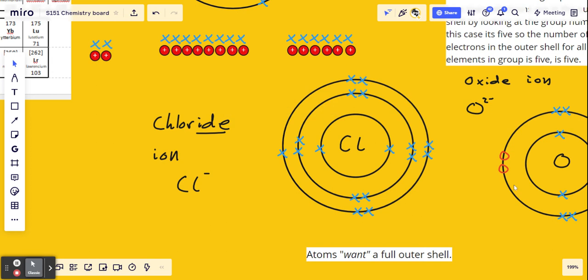And the reason for that is because I want to show that it came from somewhere else. So it's not one of chlorine's normal electrons. It collected it from somewhere else, which we'll understand in a moment.